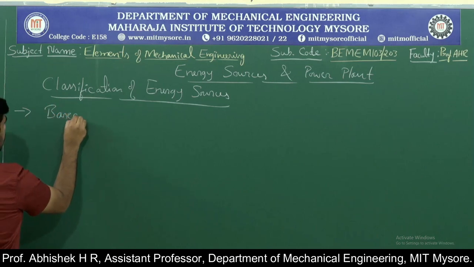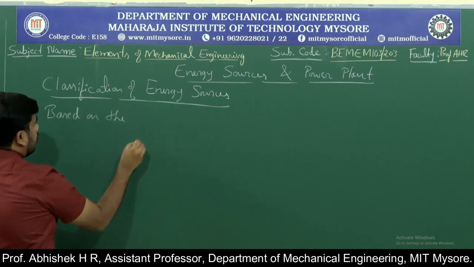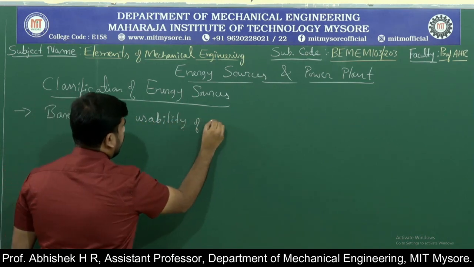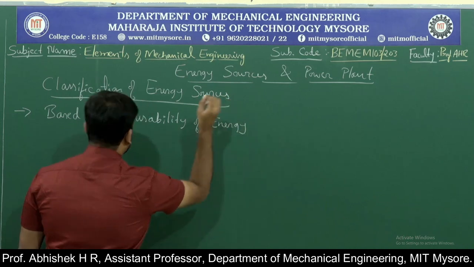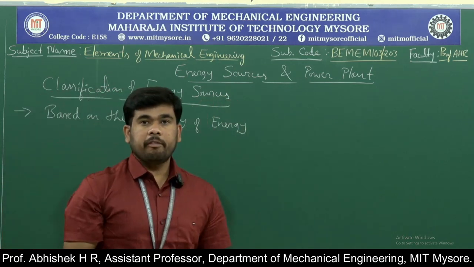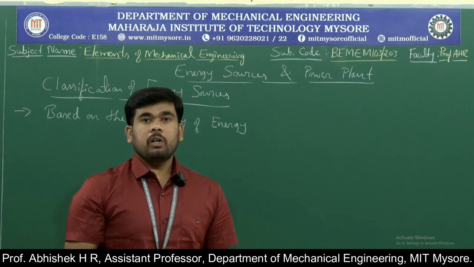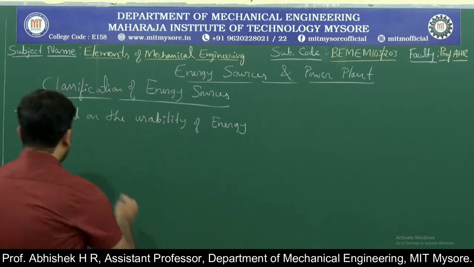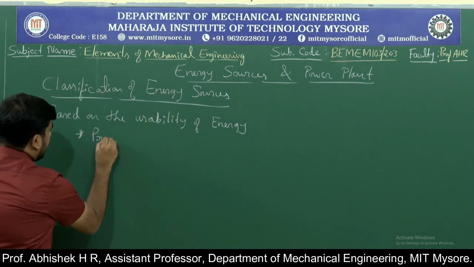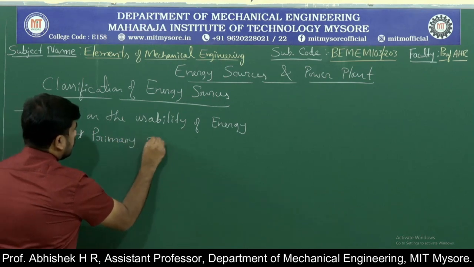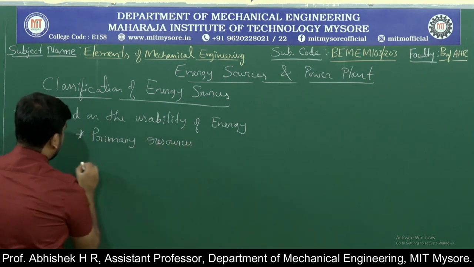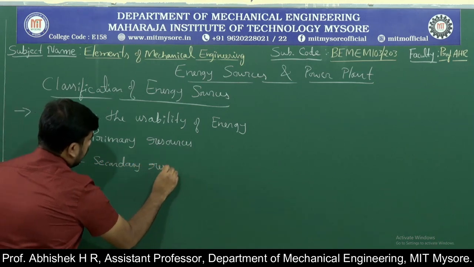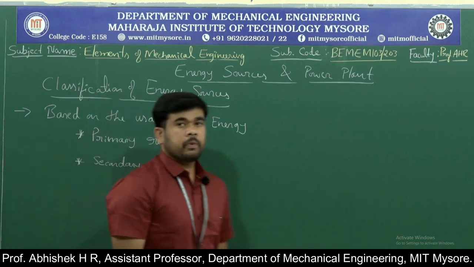based on the usability of energy. Based on this factor, we are going to categorize into two types, that is primary resources and secondary resources.